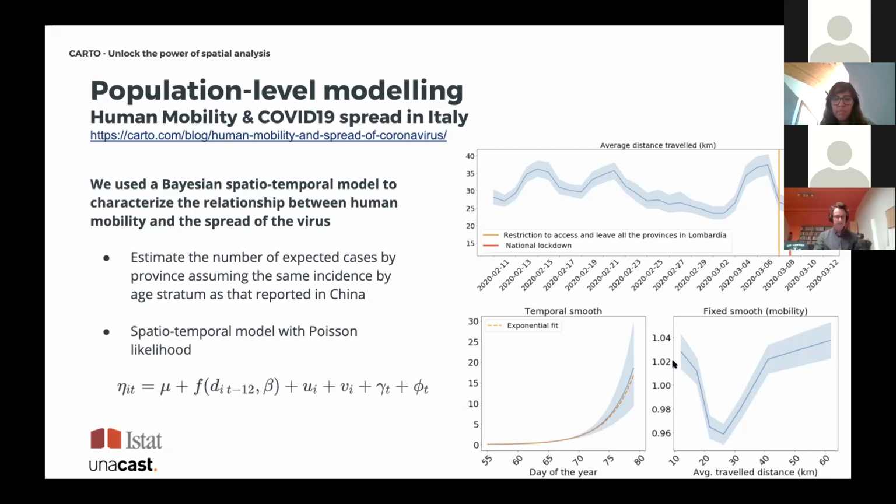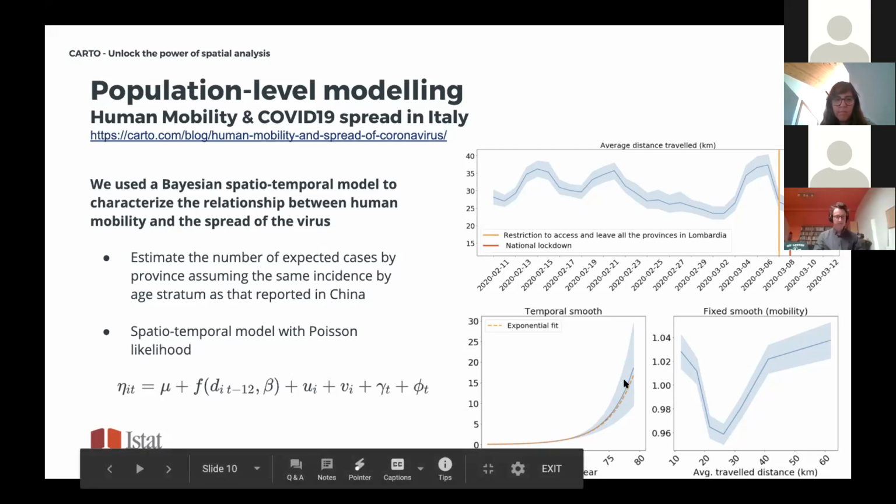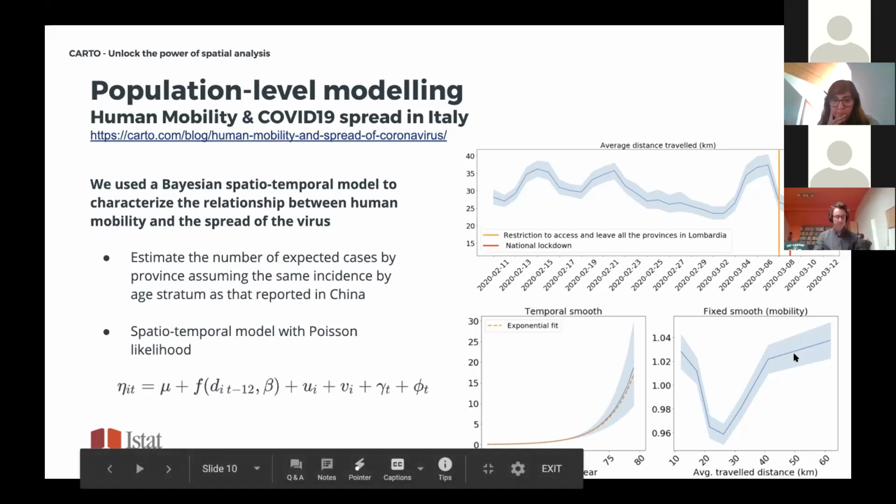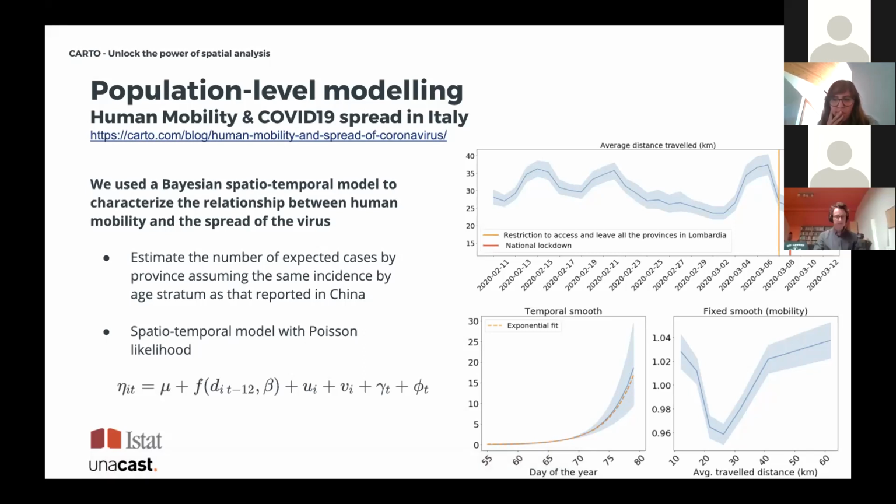So what you see here is that we can recover the temporal dependence that characterized the epidemic in this early stage, an exponential dependence. But more interesting, we see that for large enough travel distances, there is a positive correlation between the travel distance 12 days beforehand and the number of reported cases, meaning that provinces with a larger travel distance also experienced a larger number of reported cases.